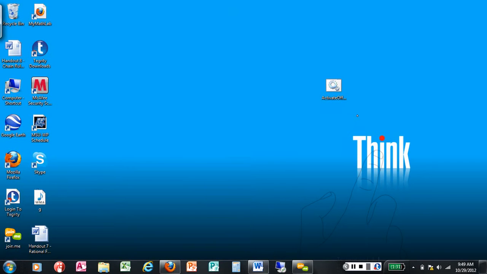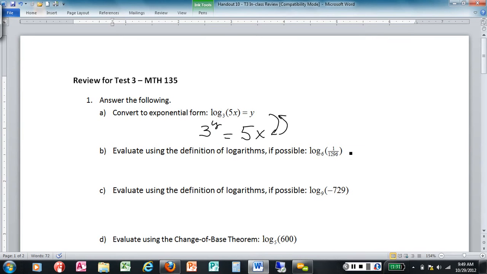As I said, this is going to be equal to something. Call it question mark, whatever you want to call it. And so convert that to exponential form. We would have 6 to what power is 1 over 1296.